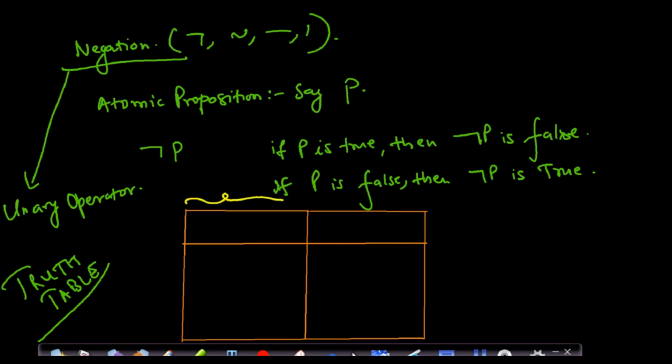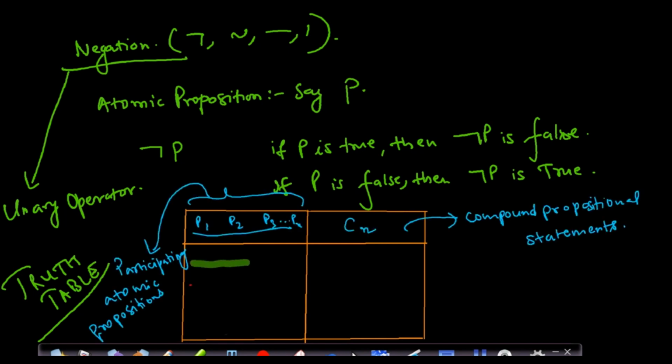A truth table is somewhat like this. On one side you have the participating atomic propositions. The truth value of the compound proposition depends upon the truth values of the participating atomic propositions and the type of operator used to connect them.